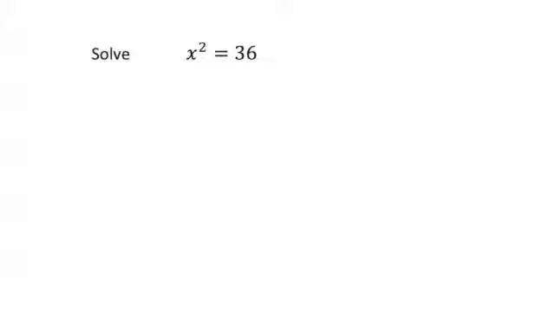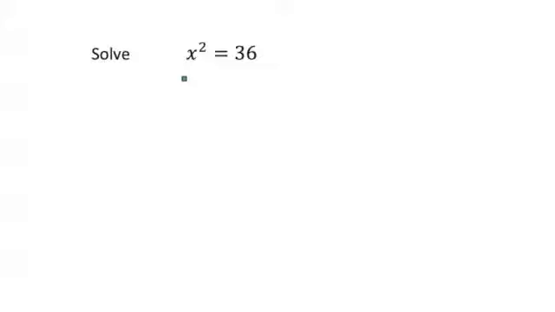That looks a bit different, but requires the same working. So here in this question, we're asked to solve x to the power of 2 equals 36. So I need to find the value of just x, okay? So I know that if I have a variable or a number to the power of 2, that means that number is being squared.